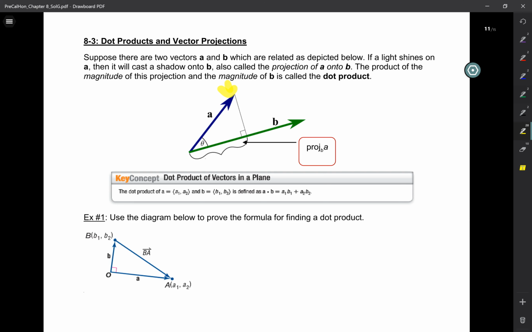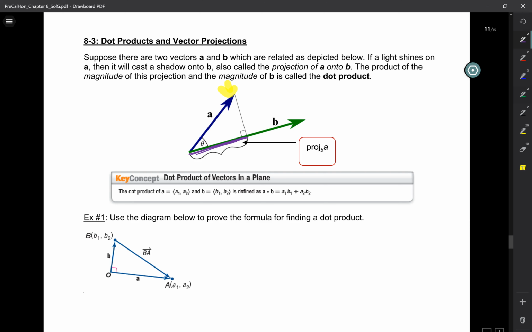If you were able to measure the length of that shadow, that's a relevant quantity that we're going to talk about today. So if you shine a light, vector A casts a shadow here on vector B. The length of that shadow, we don't call it a shadow in vector language, in the world of vectors, we call it a projection.